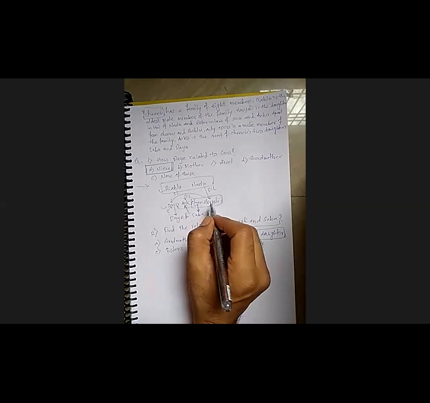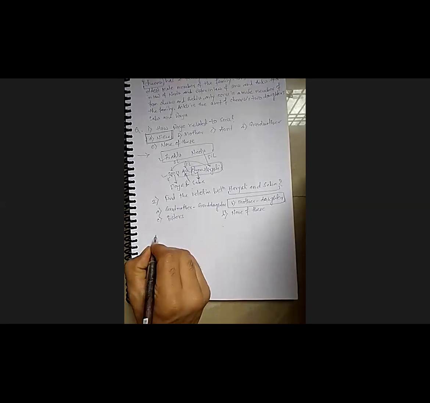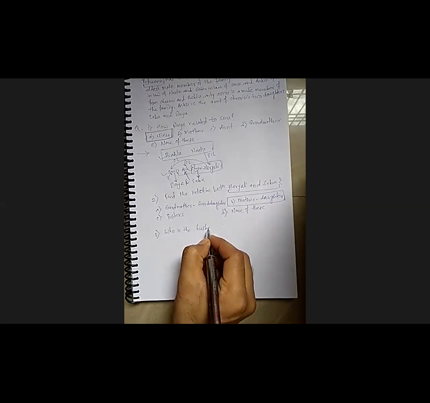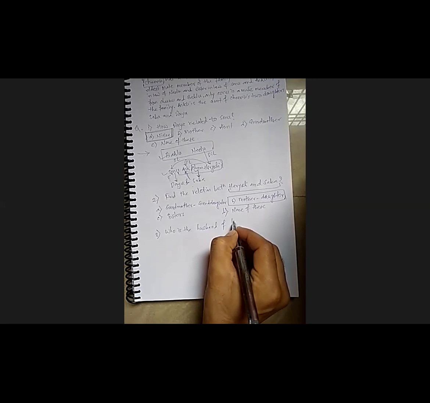One more question I will tell you. So that is nothing but the explanation of this particular, right? And that question is who is the husband of Hariali? I think there is no need to write the options.